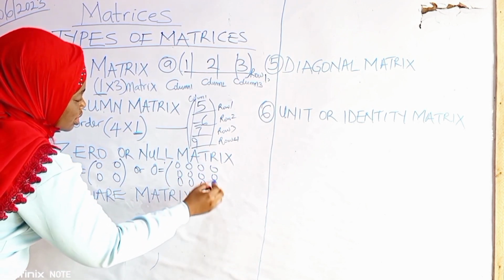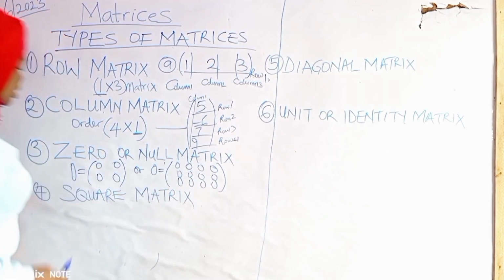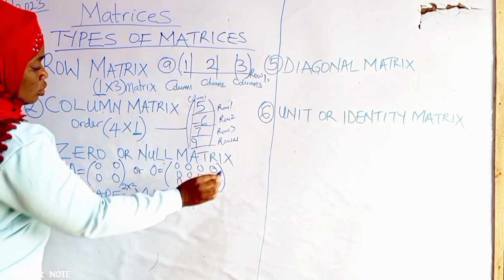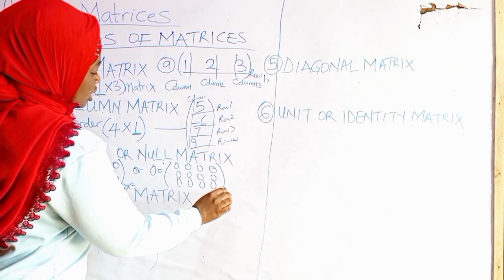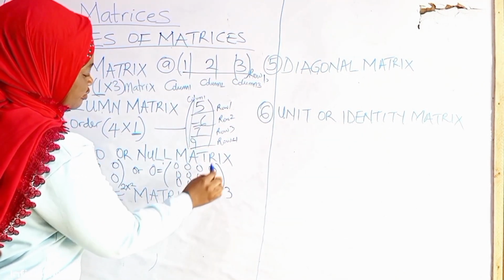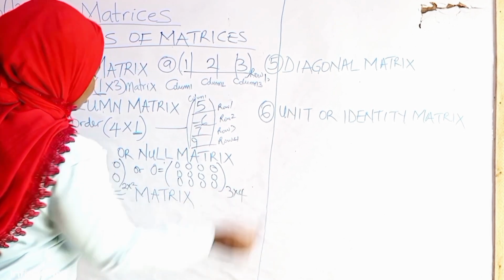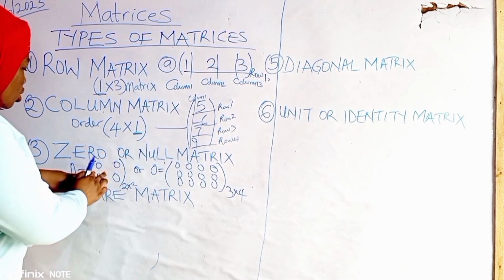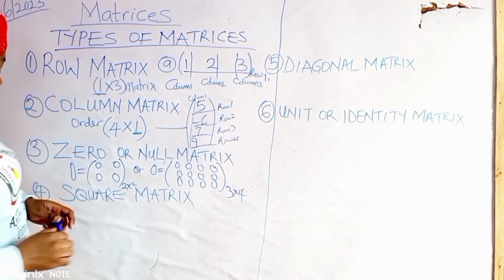So this is a zero or null matrix. This is order 2 by 2. This is 1, 2, 3 rows and 1, 2, 3, 4 columns, so 3 by 4. So it doesn't matter. Order doesn't matter inasmuch as all its elements are zeros.